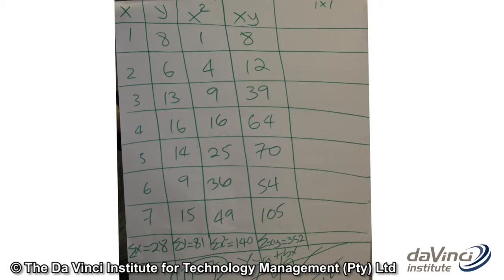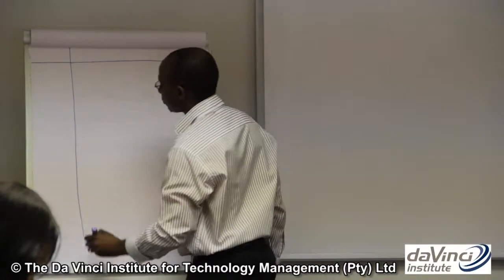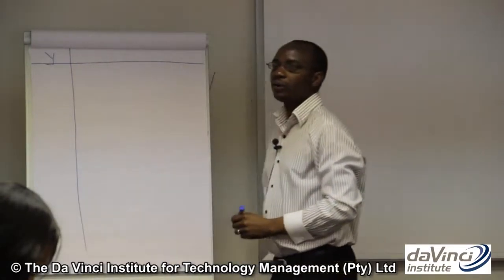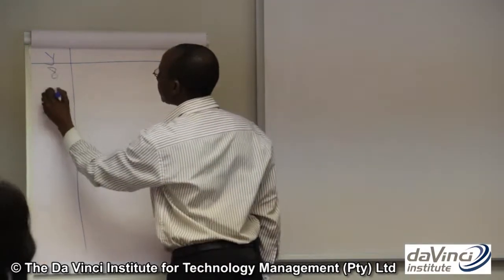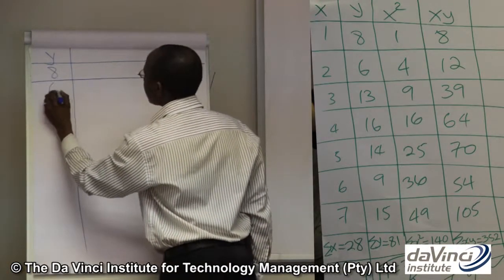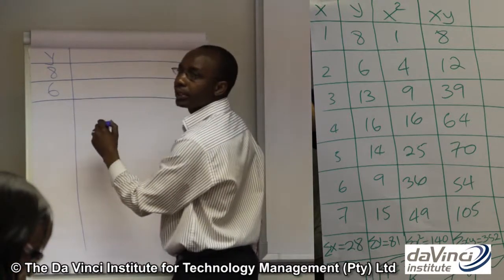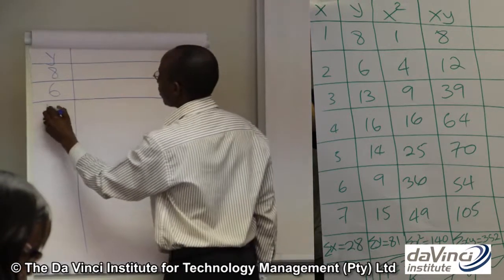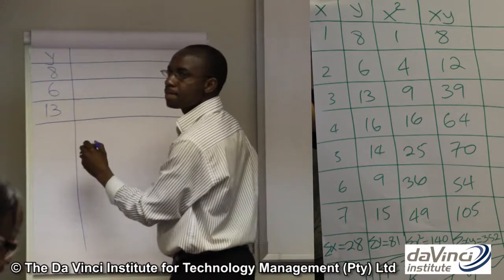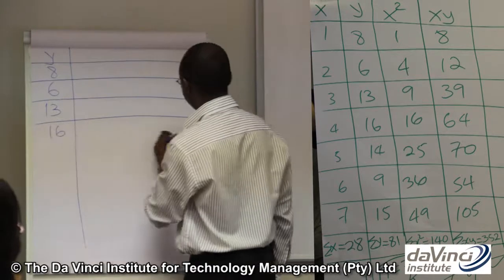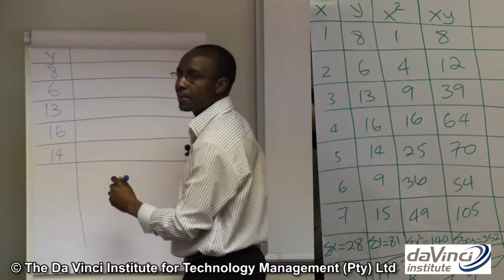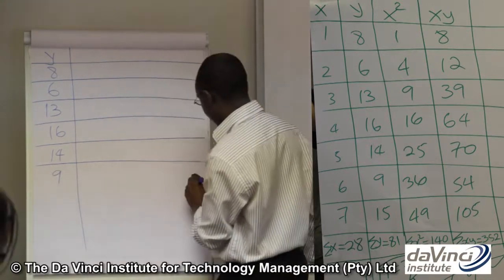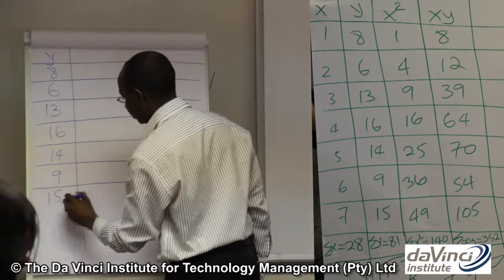What do we mean, the sum of x being equal to 0? Let's have our y. We had 7 observations. y was 8, 6, 13, 16, 14, 9, 15.